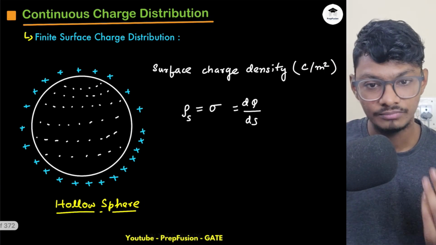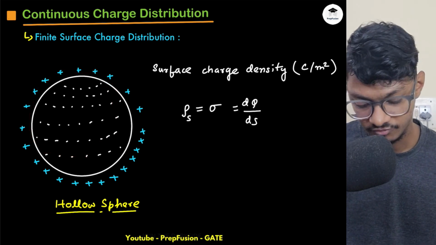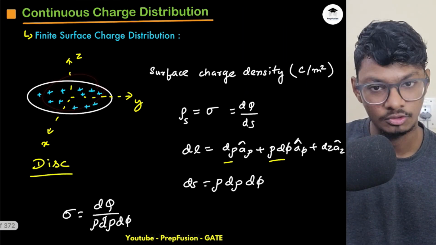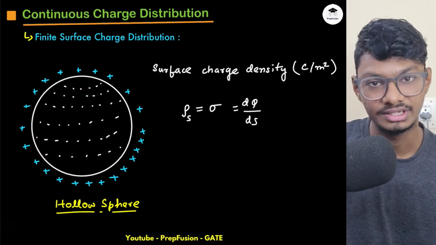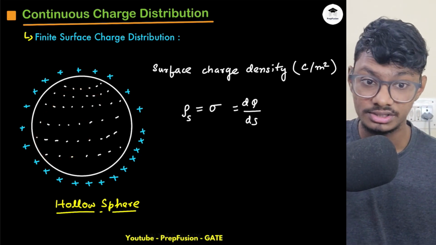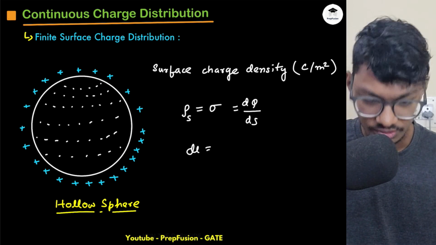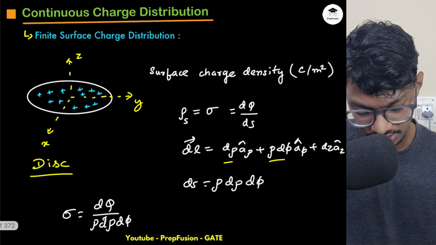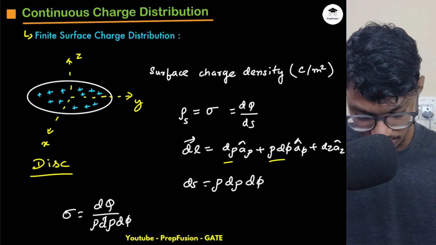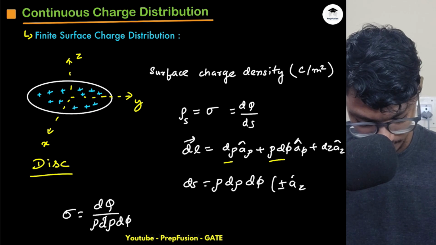Now if I have a hollow sphere, for this type of shape, like a disk, you will use the cylindrical coordinate system. For a sphere-like shape, we will use the spherical coordinate system. In the spherical coordinate system, what will be the length dl? I should have written this in vector format. The ds direction can be top and bottom as well, so it can be plus or minus az cap, if you remember.